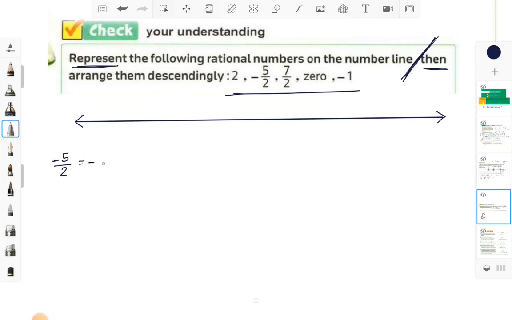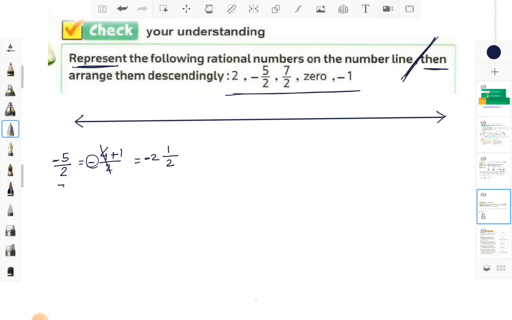Let's convert it to a mixed number. Negative 5 over 2: the number less than 5, maybe 4, is divisible by 2 and remains 1. So 4 over 2 equals 2, because 2 times 2 equals 4, and remains 1 over the same denominator 2. Don't forget the sign: negative 2 and a half.